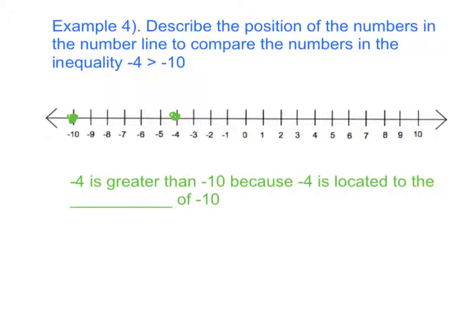Well, -4 is located to the right of -10. And that explains why it's greater. Because we talked about, well, if a number is farther right on the number line, that means it's larger than the number farther left on the number line.